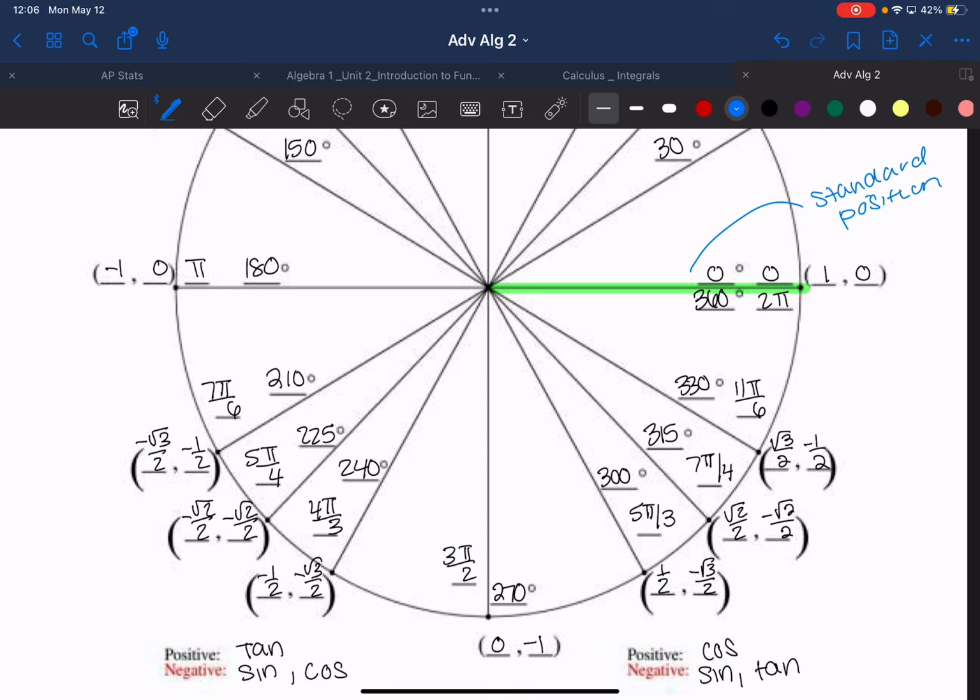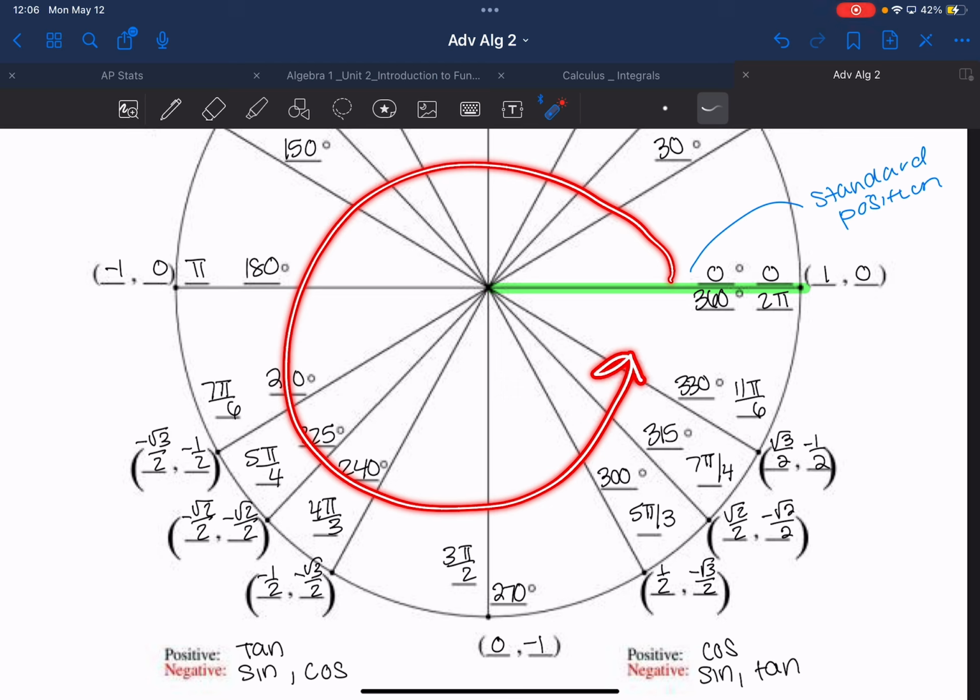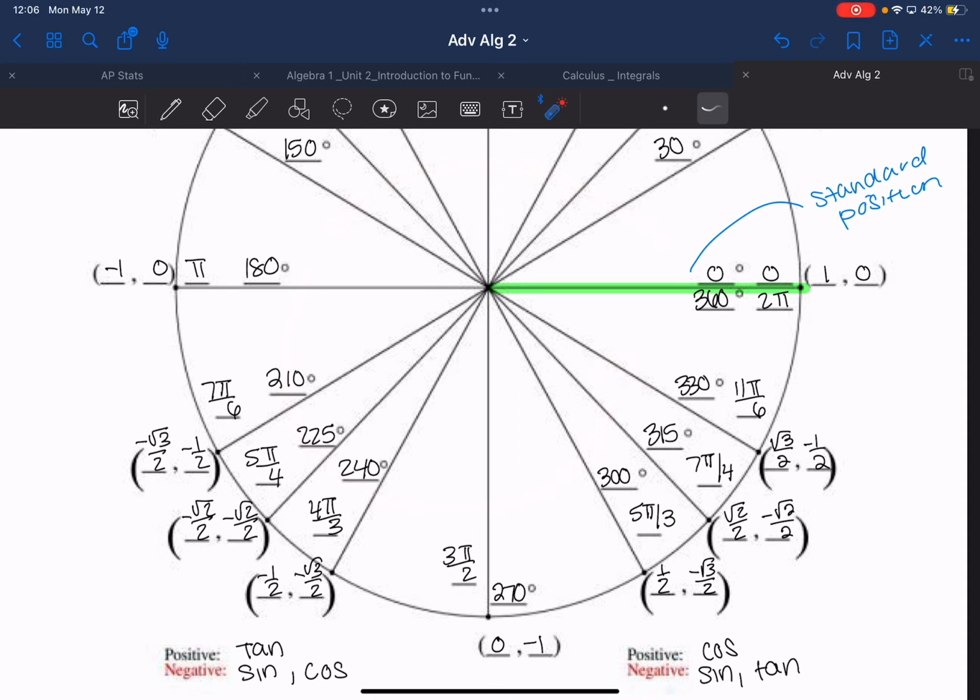Okay. We're going to start right here, and then we're going to loop around for a positive angle. And remember, this is counterclockwise. And if we're given a negative angle, we start at the standard position, but do the opposite and go clockwise.